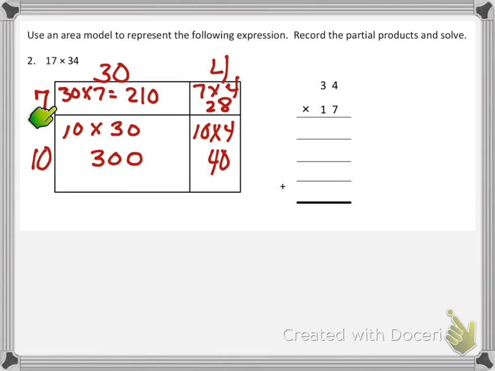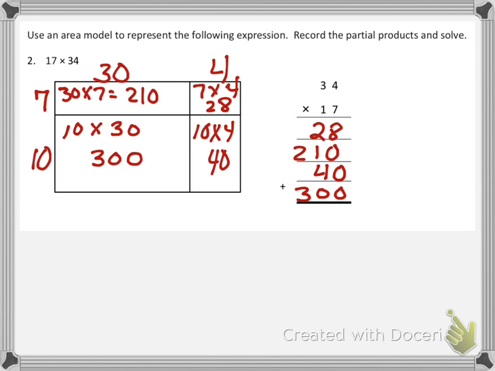Our first one, because we did 7 times 4 and we got 28, we're going to put 28 on the first line. Then 7 times 30, 210. Go to the next one, the bottom one. We do 10 times 4, which is 40. Be sure to line up your numbers appropriately. And then the last one's 10 times 30 is 300.